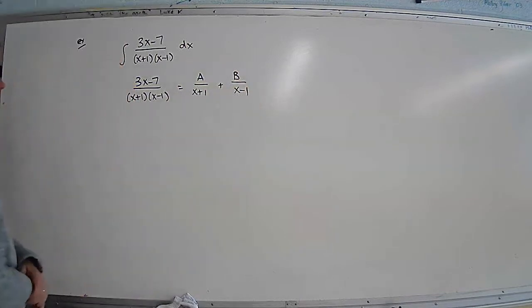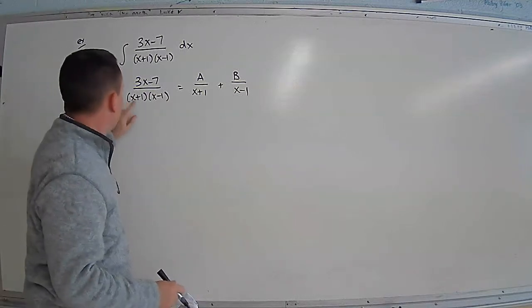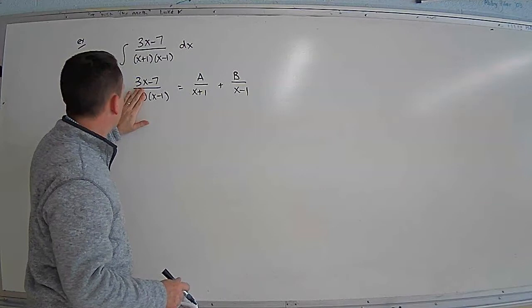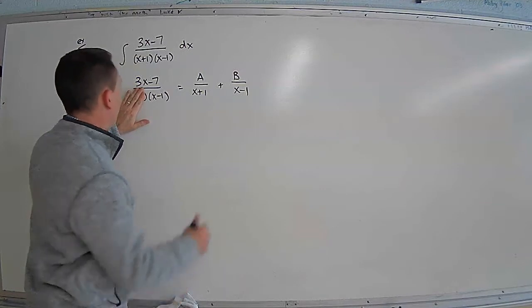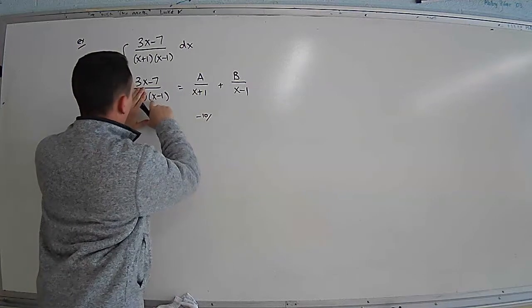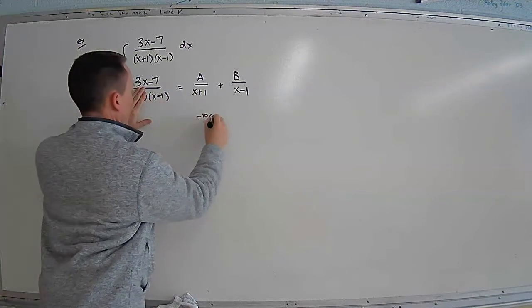Now we'll use the cover-up method, the shortcut. Negative 1 makes that 0, so I'm going to plug negative 1 in for x everywhere else. 3 times negative 1 is negative 3, minus 7 is negative 10, over negative 1 minus 1, which is negative 2.